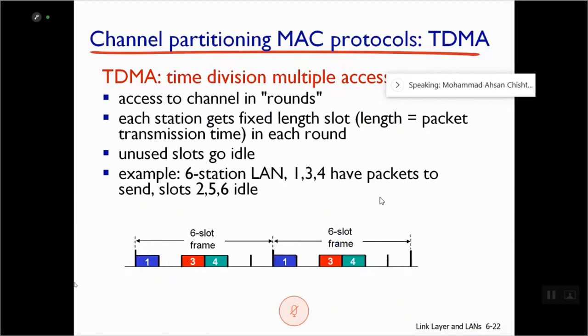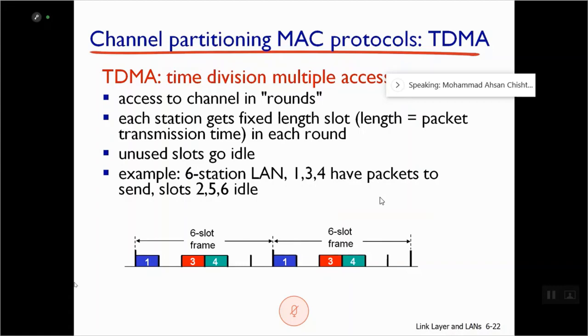You can see here 6 stations are connected, 1, 2, 3, 4, 5, 6. All have the capability to transmit and receive packets, however, during this period of time, only 3 of them were active, which are 1, 3, and 4, blue, red, and green. The rest of the 3, that is 2, 5, 6, were sitting idle.